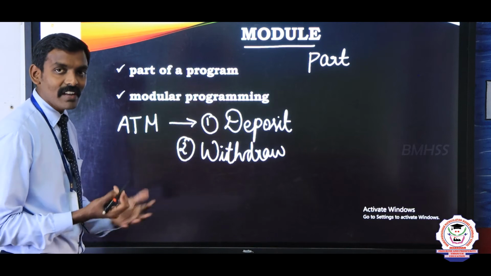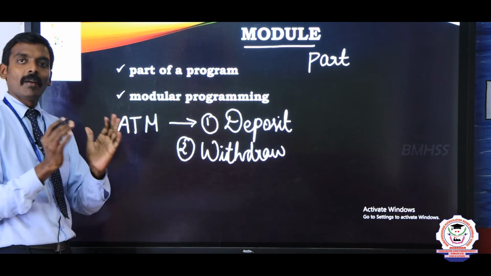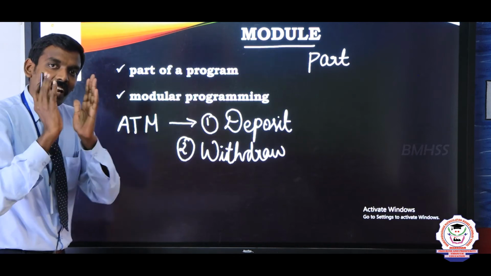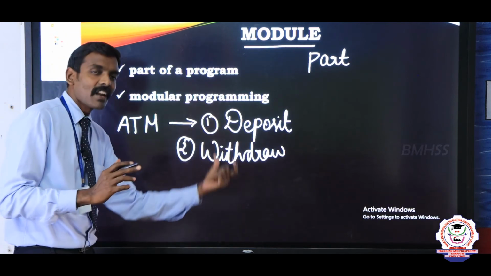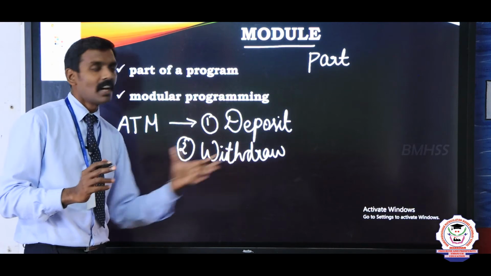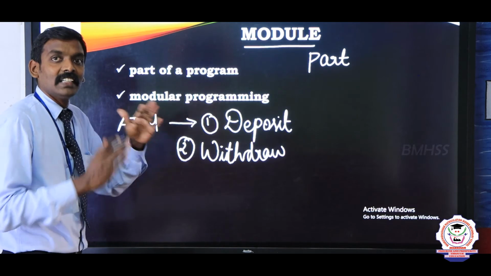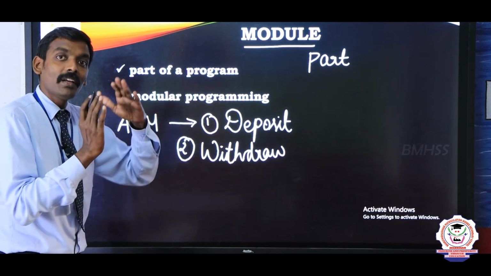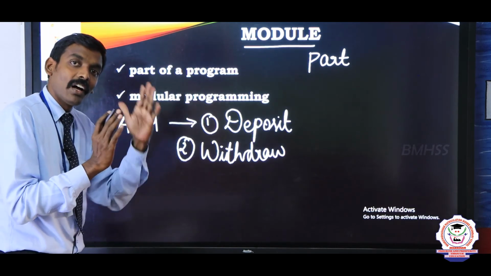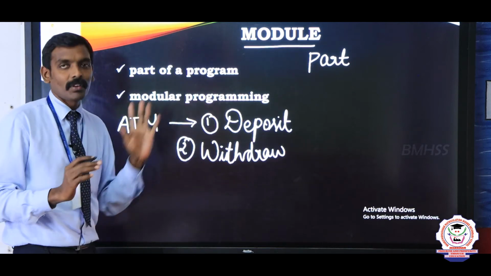We have several modules. Here this ATM is a big project. This project can be divided into several modules. Those several modules are called deposit and withdraw. Are you clear? And this is the process of converting a big project or any task into splitting some modules. That is called modular programming.